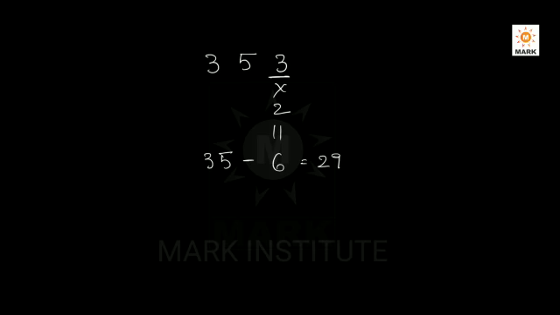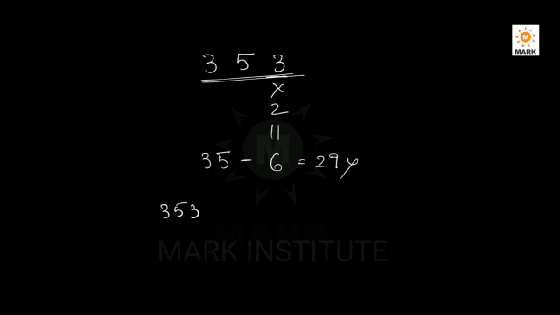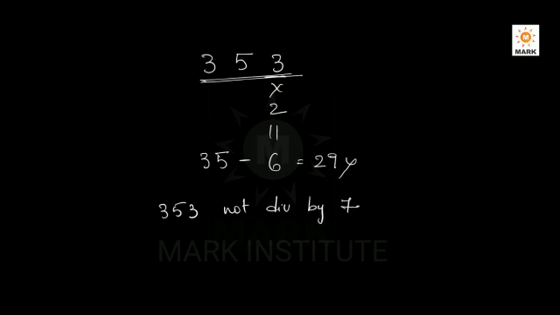Friends, 29 is not 0, not 7, and neither is it a multiple of 7. So 353 is not divisible by 7. This is the easiest way to find out whether a given number is exactly divisible by 7 or not. Let us take some bigger numbers.